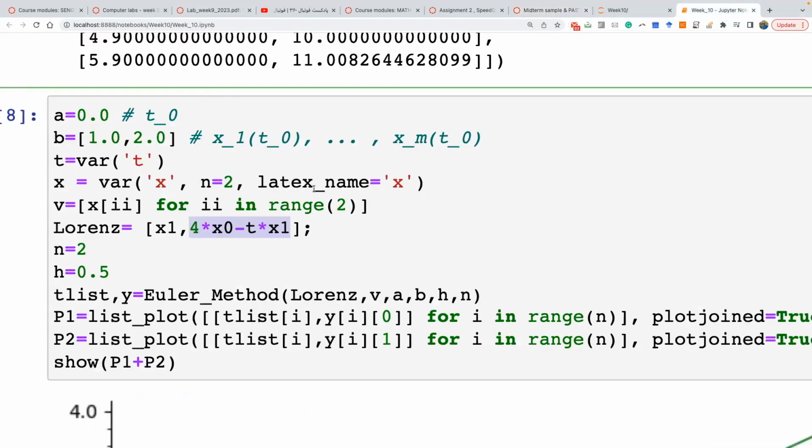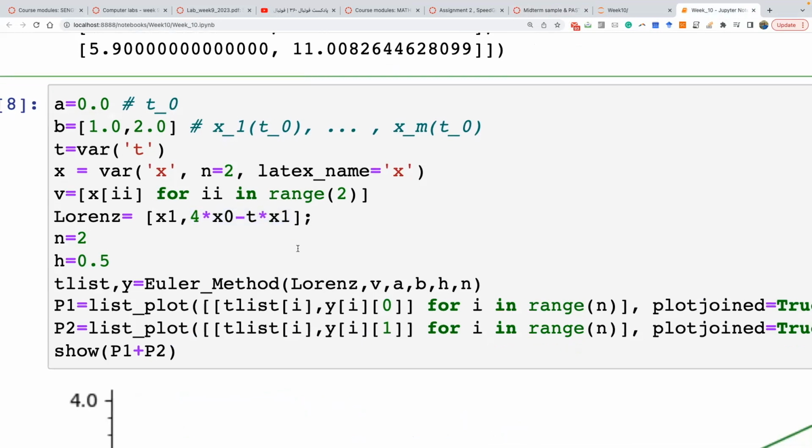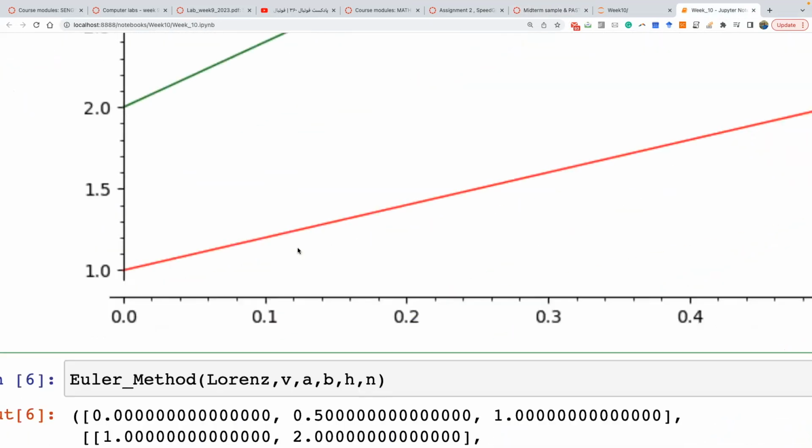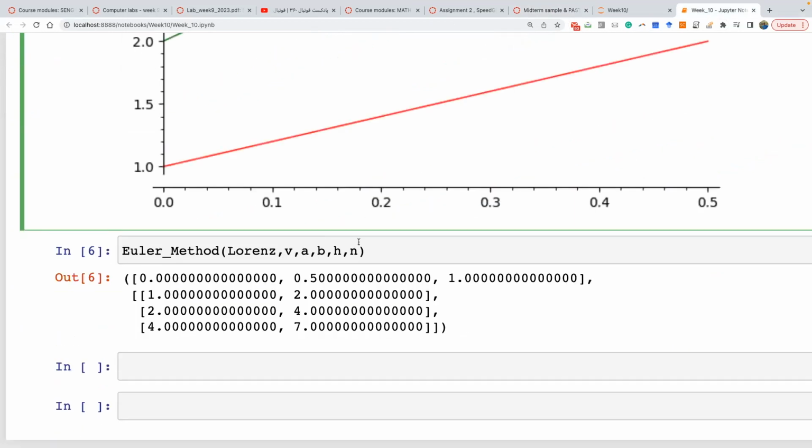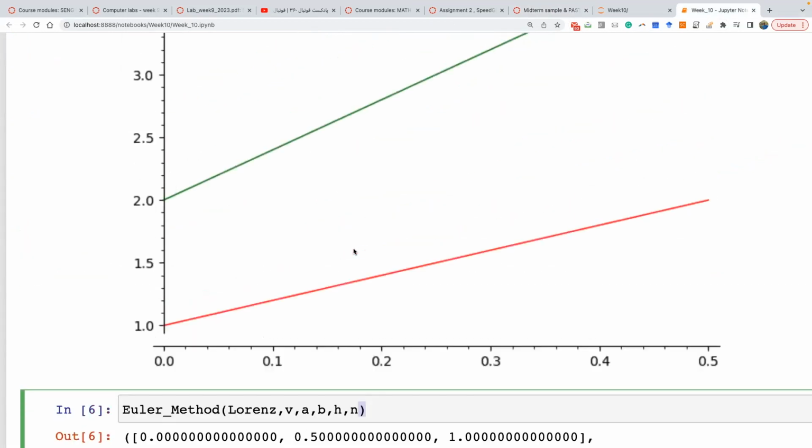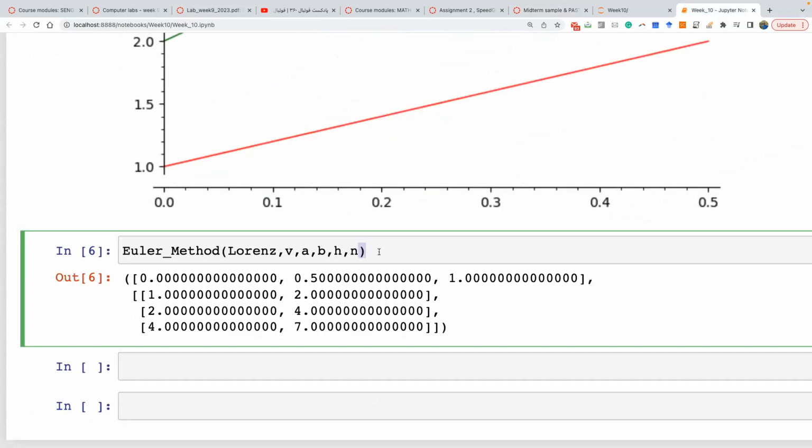Again, 4 times the first one minus X, the independent variable, times the second one here. So then I write this. So that's the plot. The plot here is not so nice, but we can later find a nicer one.